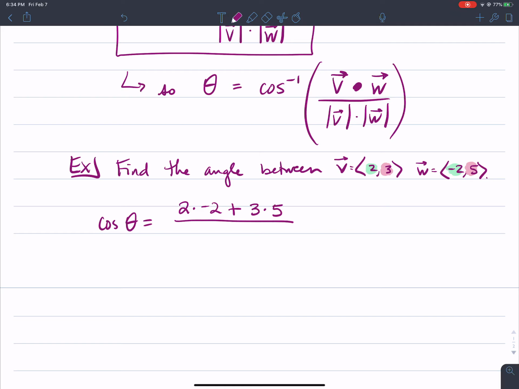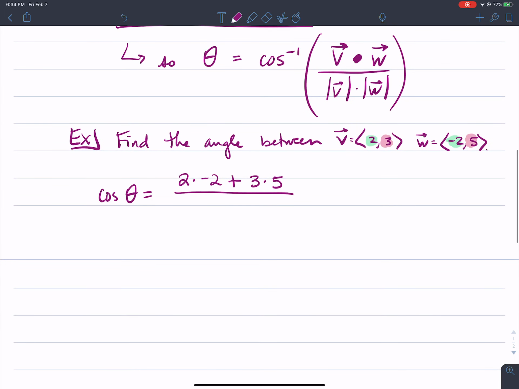And then over the magnitudes. Your magnitudes are going to be the square root of x squared plus y squared. So you are going to have to do, for v, 2 squared plus 3 squared, and for w, negative 2 squared plus 5 squared.